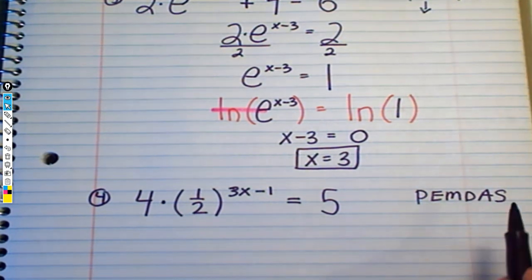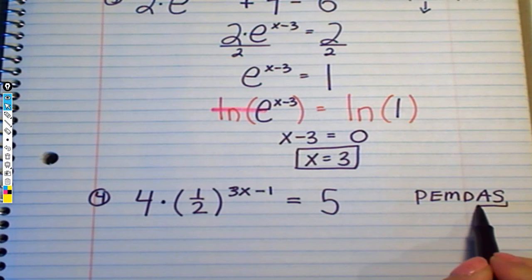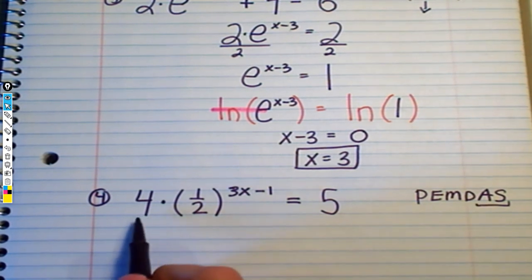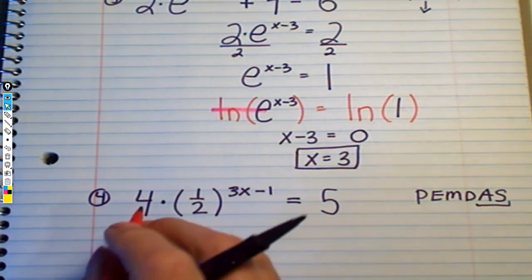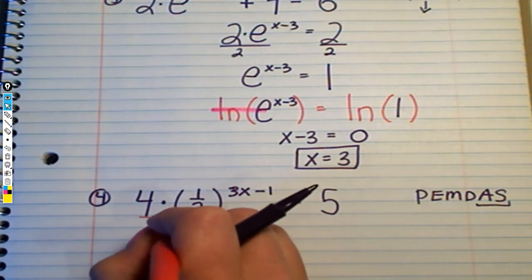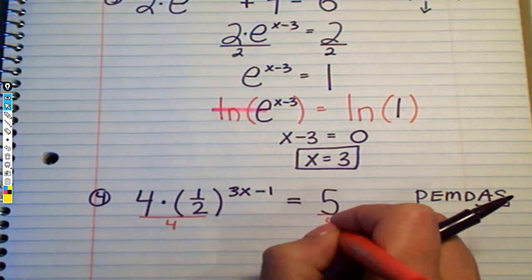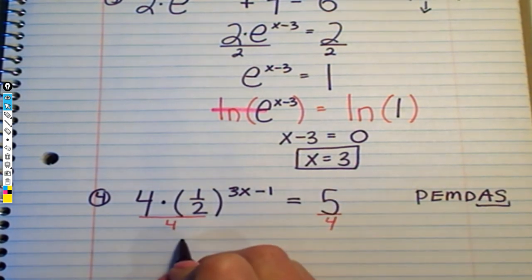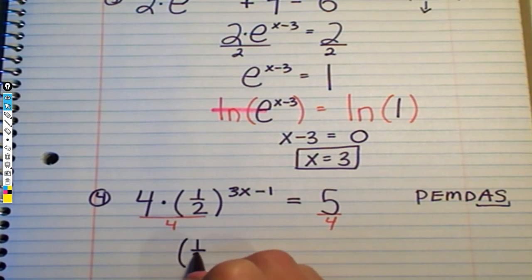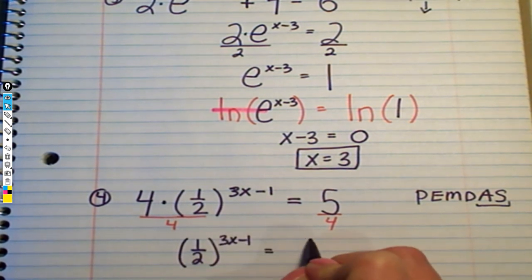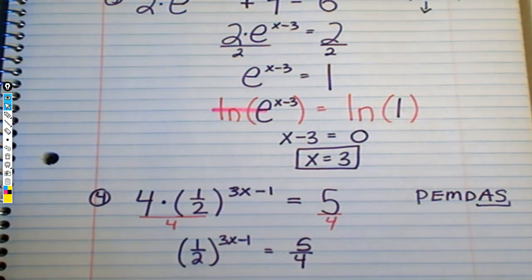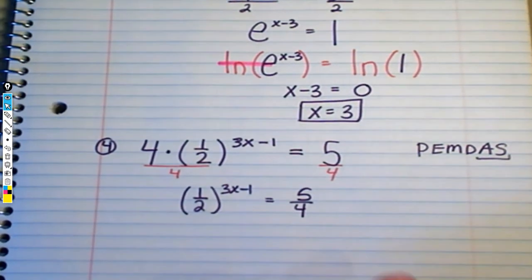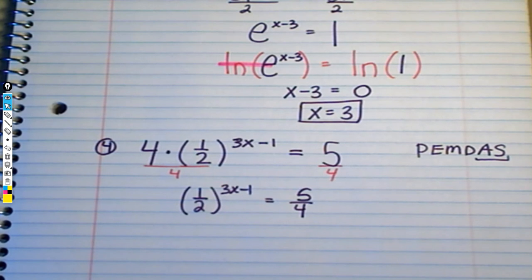Okay, and let's see, I don't have any add or subtract, but I do have this divide. So I'm going to start by dividing by 4 on both sides. Okay, and then I've reached the exponential portion.